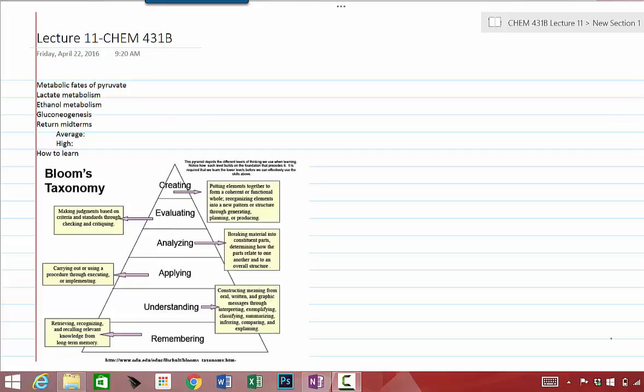Another is to produce ethanol, but remember this only occurs in yeast. So we'll talk about that. And pyruvate can also be used to make something called acetyl-CoA. And finally, pyruvate can also be used to eventually make glucose once again in a process known as gluconeogenesis. So we'll talk about gluconeogenesis.